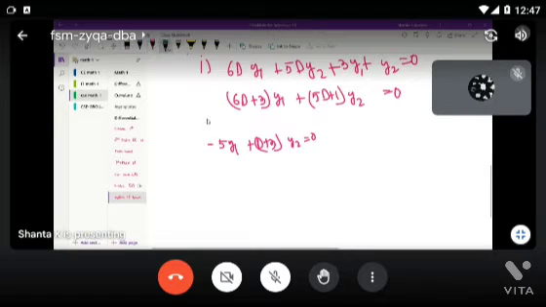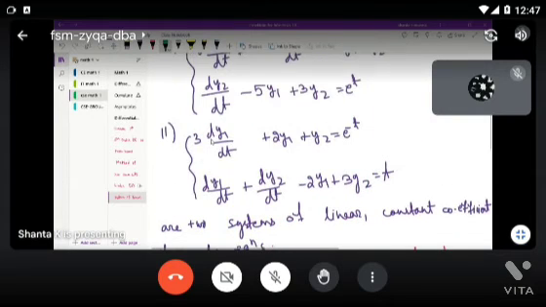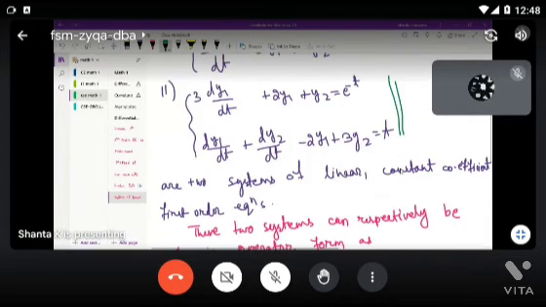So these are the two systems of equations. The second one we will write here. These are the non-homogeneous forms. Here I think e power t.